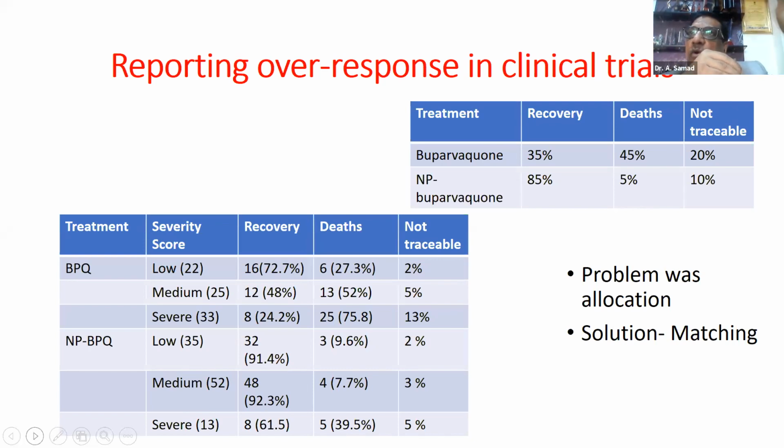If you get one low case, it goes to buparvaquone, another low case goes to nanoparticulate buparvaquone. You get another medium case, it goes to buparvaquone, the next will go to the other, and so on. That is called matching. So both groups are matched and on equal standing, and the data you get from matching is going to be more powerful to convince that your hypothesis and your formulation is really doing what you are claiming.